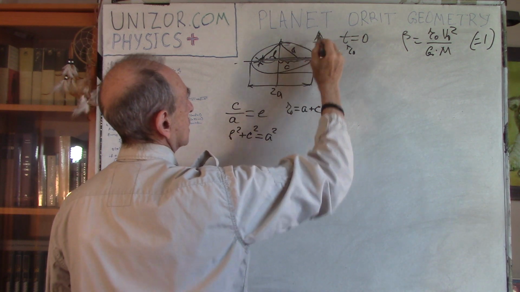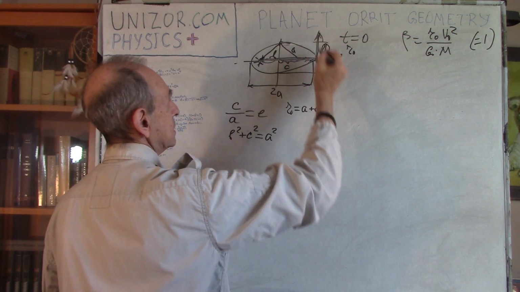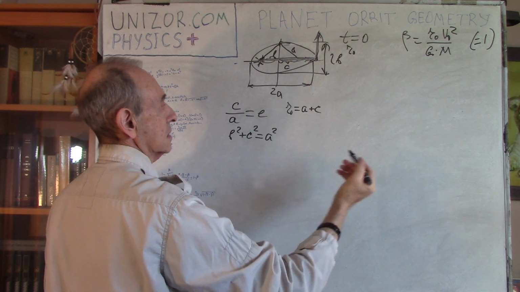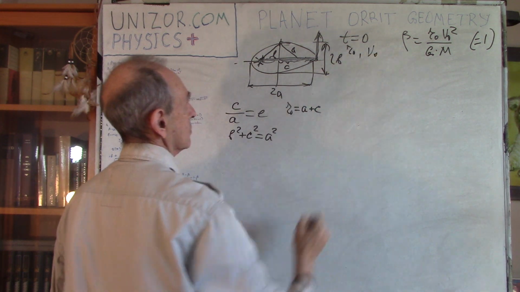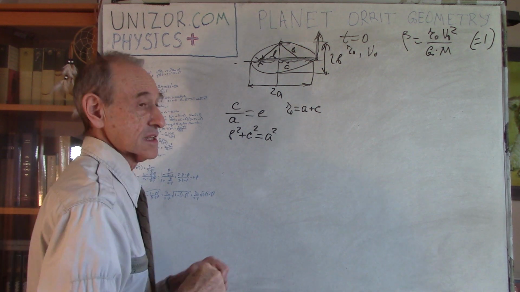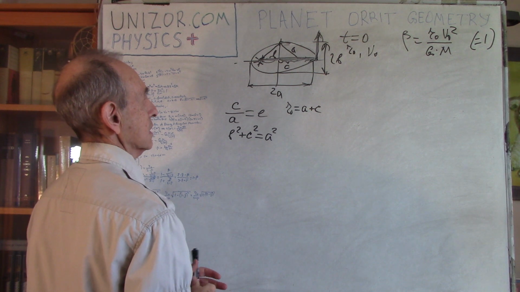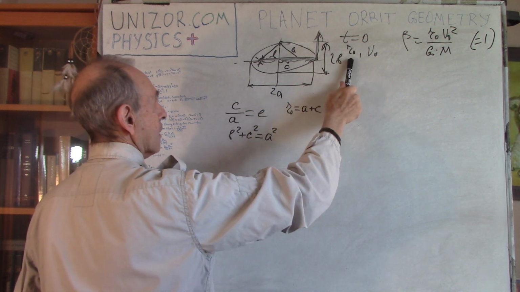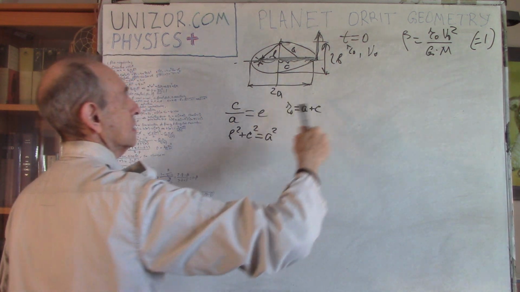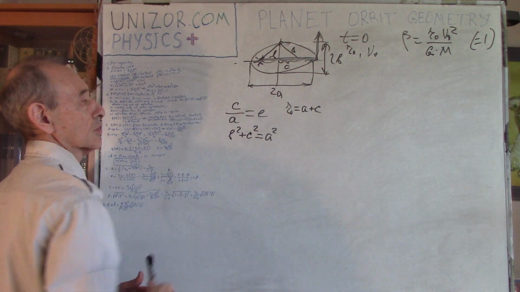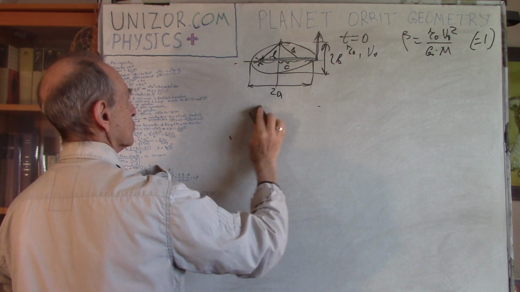And the speed, which is a vector velocity, will be perpendicular, and the speed itself, the absolute value, the magnitude of this vector, would be v0. So we consider them as given, as well as the mass of the sun and the gravitational constant. So in terms of r0, v0, M and G, I would like to express the geometric characteristics of my ellipse. Okay, good. So we know what we want to do.